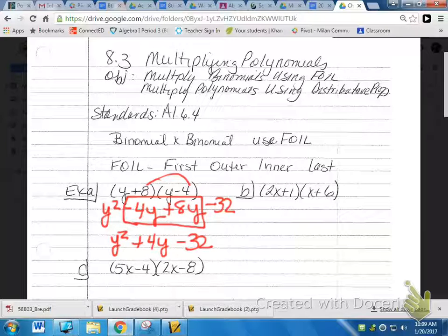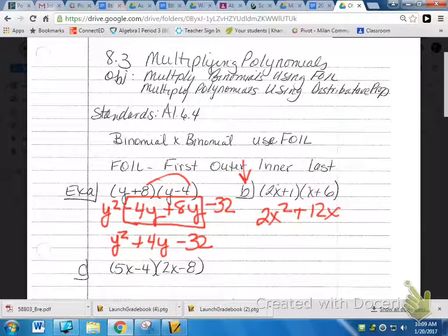Another example, example B, 2x plus 1 and x plus 6. First would be the first in each binomial, 2x times x would be 2x squared. Outer, looking across, the 2 on the outsides, 2x times 6, 12x.